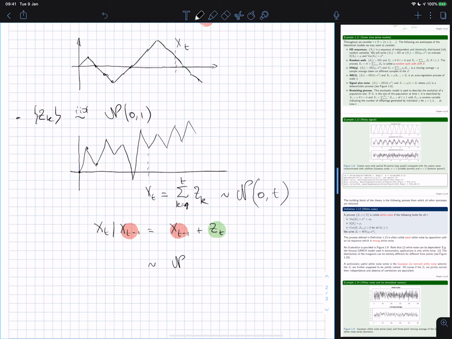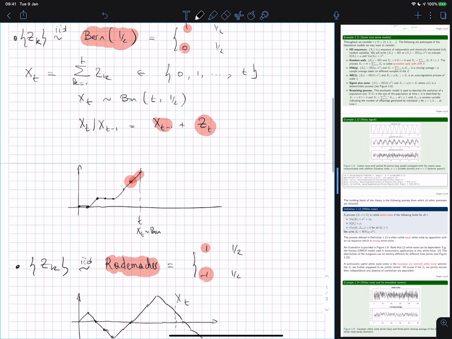It's going to be Gaussian again, with mean xt minus 1, which is considered fixed, and with variance 1. I don't know if that's clear for everybody? Yes. Okay.